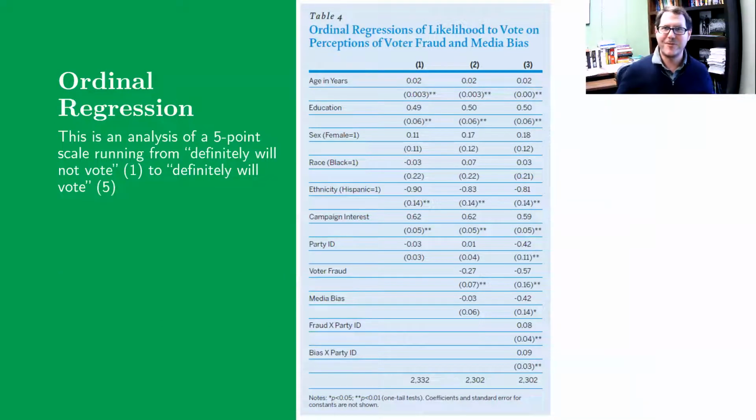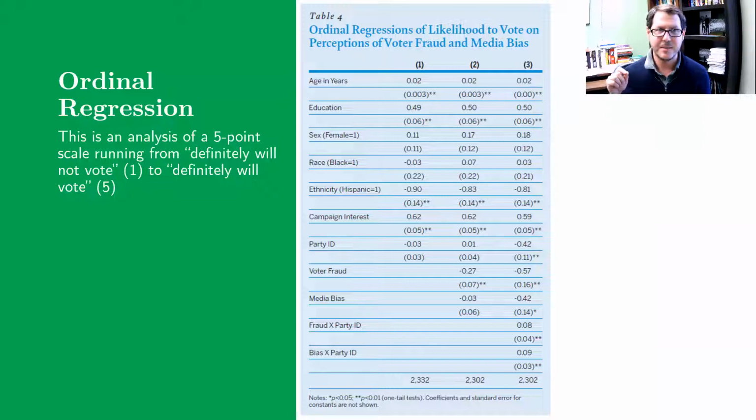Okay, so we've talked a little bit about 2 different models. I want to shift gears and do this analysis a second time, this time looking at an ordinal regression. This is an analysis of people's likelihood of voting and how their perceptions of media bias and their belief that there's voter fraud is affecting their willingness to actually go vote.